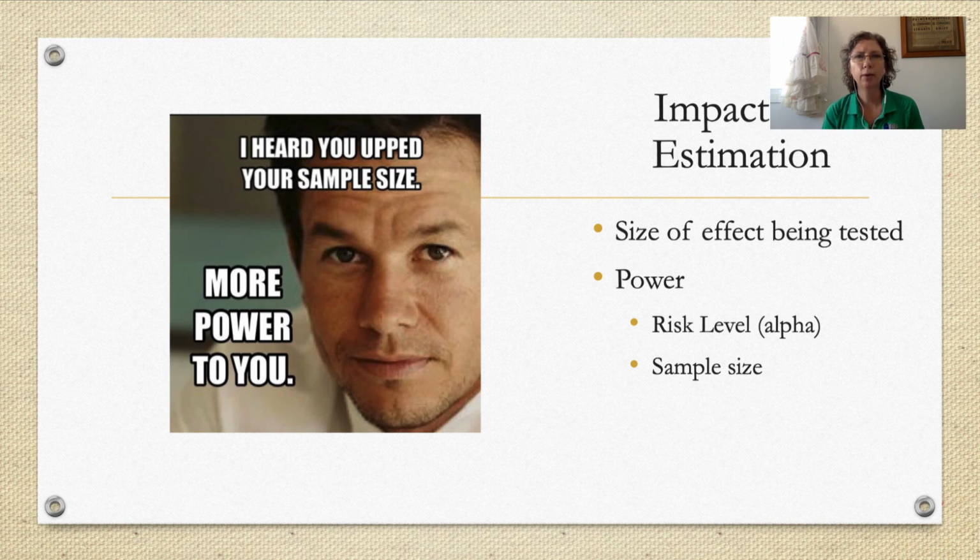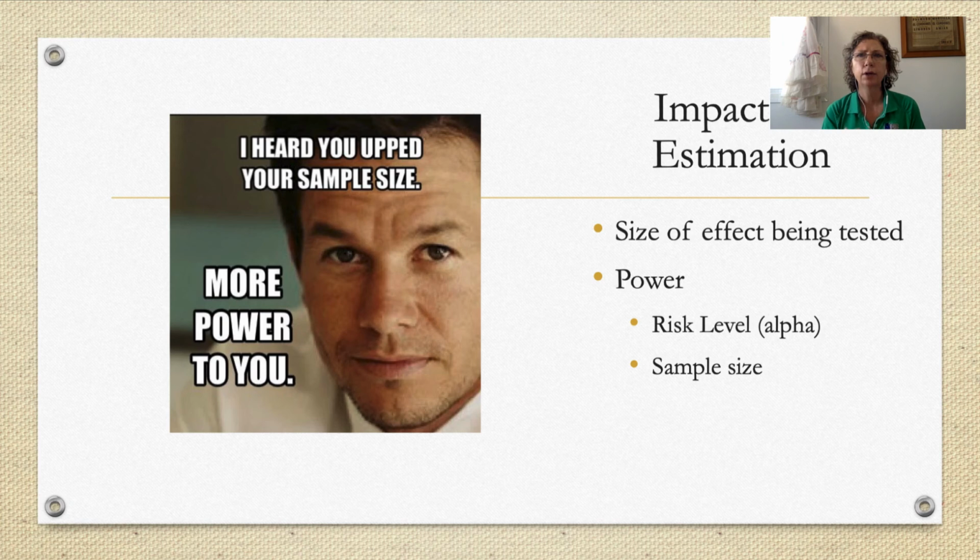But then power, they have to have enough power to detect that effect size. And that's going to have to do with the risk level they're willing to take. And as we said, in psychology, we typically use a risk level of 0.05, a 5% chance of making a type 1 error. And the sample size: the smaller the effect you're looking for, the bigger the sample size you need.